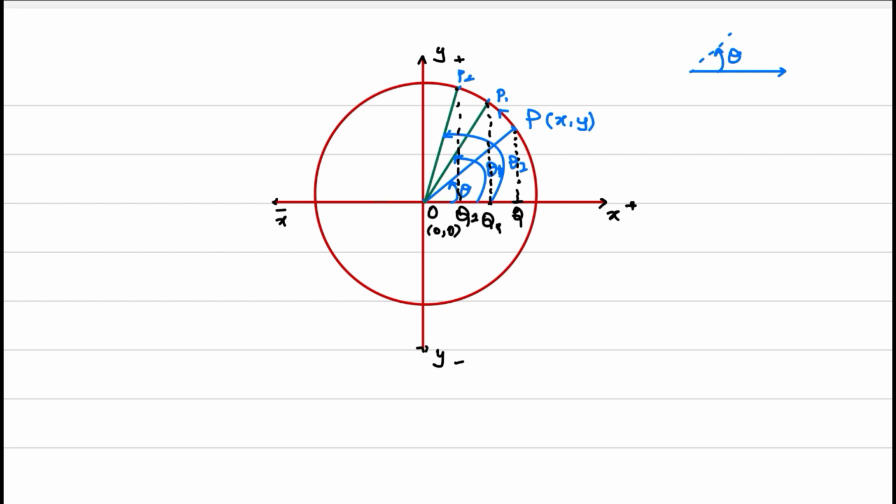That means, as theta changes, the lengths of the sides change. Initially, for angle theta, you see, OPQ is a triangle.